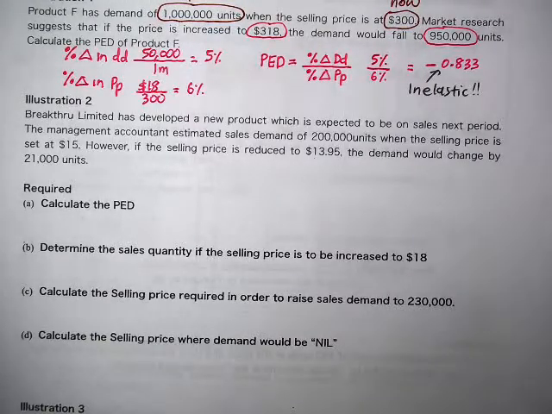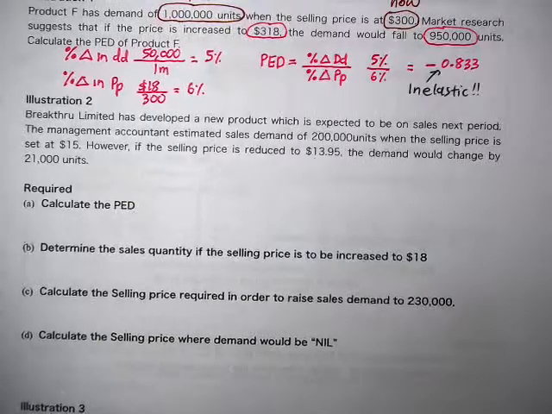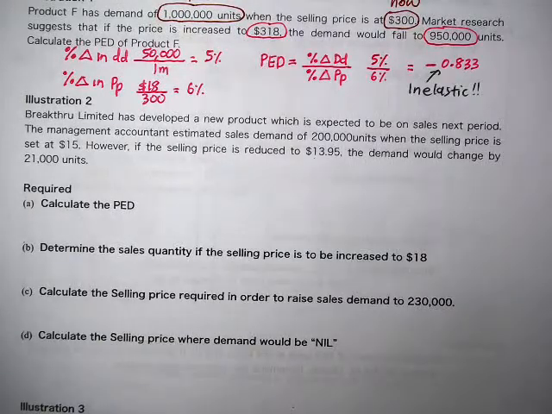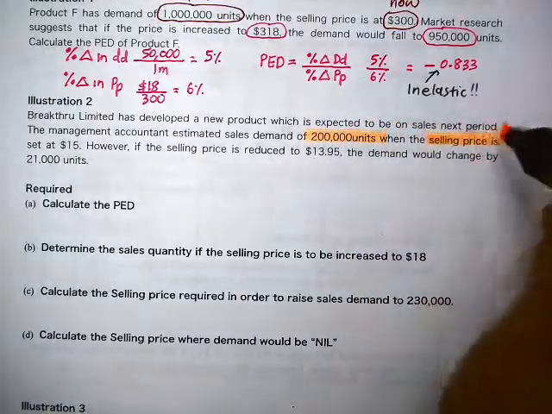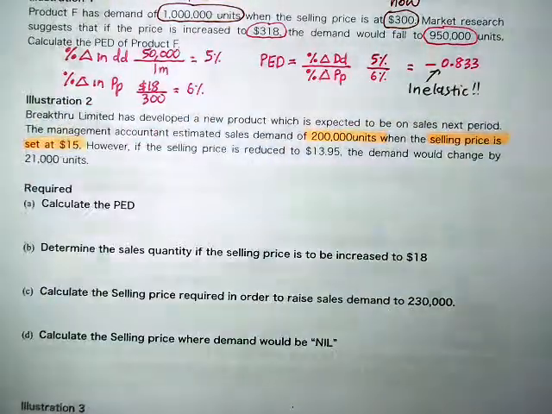Okay, it says that Breakthrough has developed a new product which is expected to be on sale in the next period. The management accountant estimated that the sales demand is 200,000 units, that's where they start, 200,000 units, when the selling price is at 15.